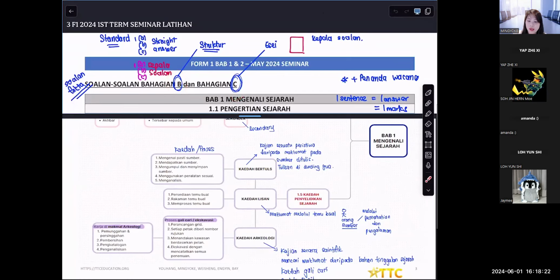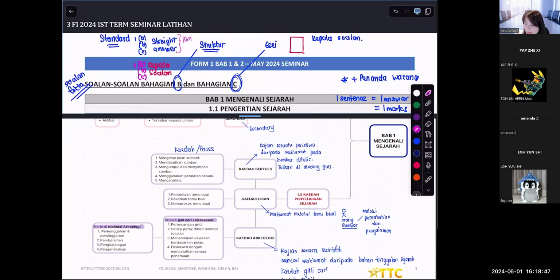Okay, soalan structure in this case, guys, you know, right? For our standard answering technique, structure is divided into 1A, B, C. Essay is also divided into 1A, B, C. But guys, do you know that for soalan structure the most is 10 marks, meaning A, B, C total up together is 10 marks.